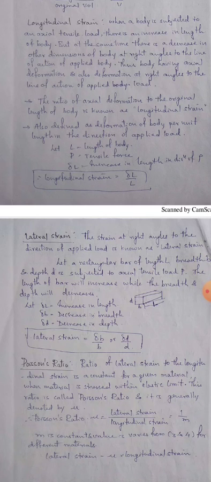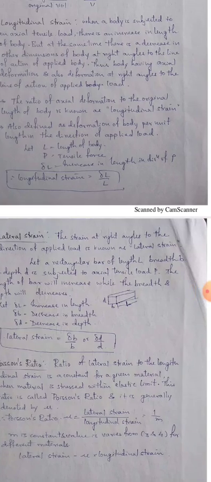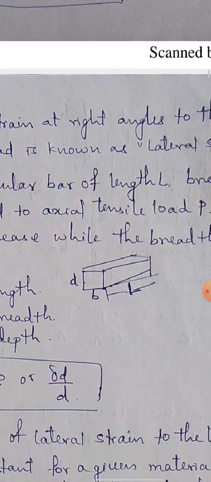If we consider the lateral strain, the strain at right angles to the direction of applied load is known as lateral strain. Suppose, for example, this is a cross section of a member. B is the width of the member, D is the depth. Due to compression there must be a possible change in width and in depth.